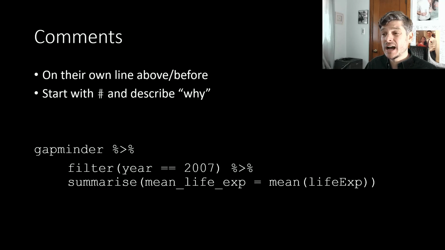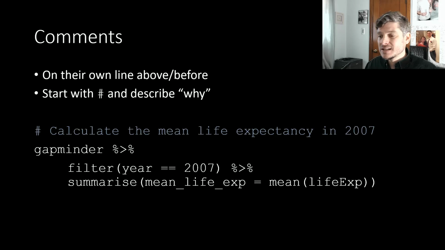We always start our comments with the number sign or the pound sign or the hashtag, depending on how old you are, I guess, right? That changes what you call it. And you want to describe the why. You don't want to necessarily describe the what or the how. You want to describe, why am I doing this? What was the point of this code block, so that you understand why you even wrote that code to begin with.